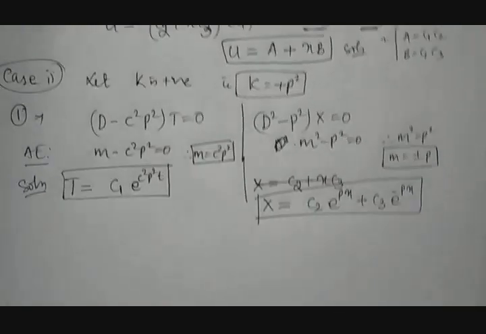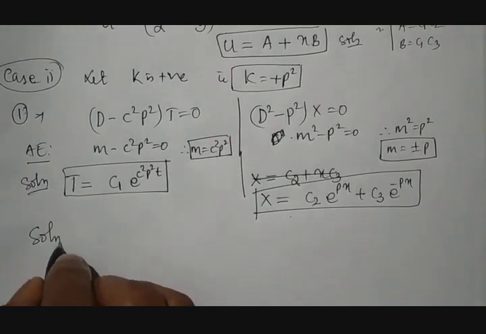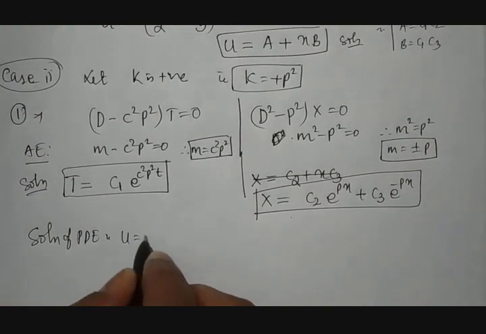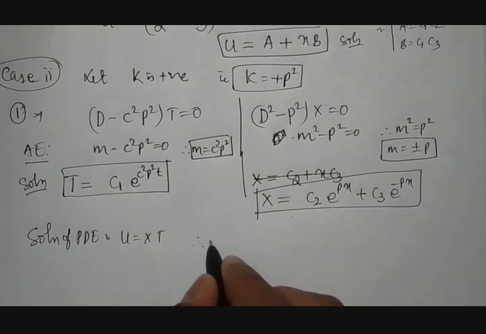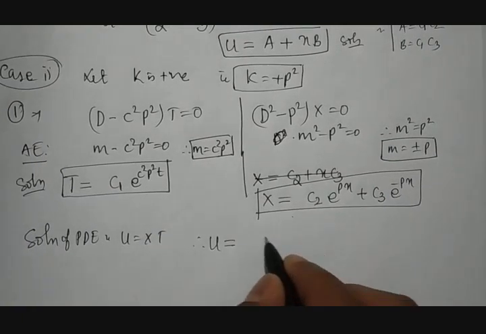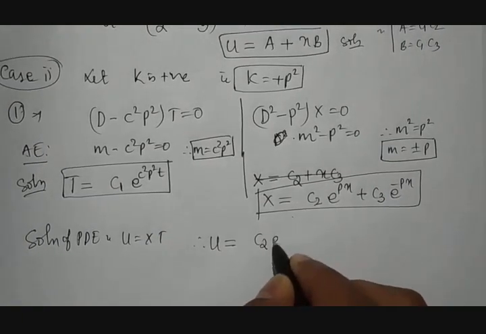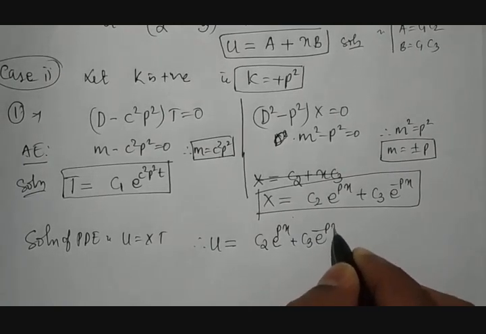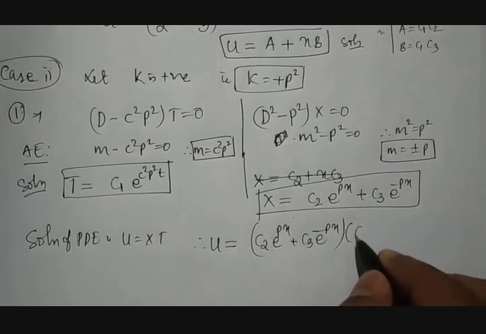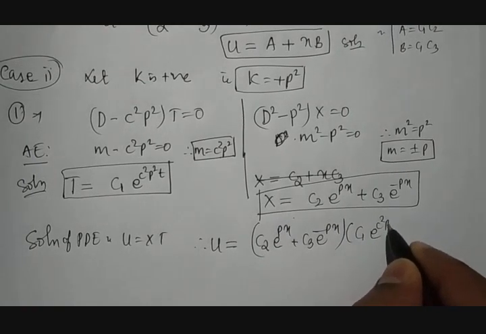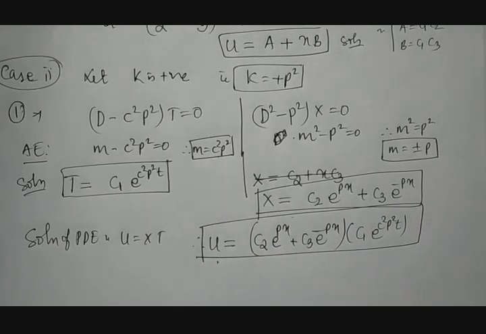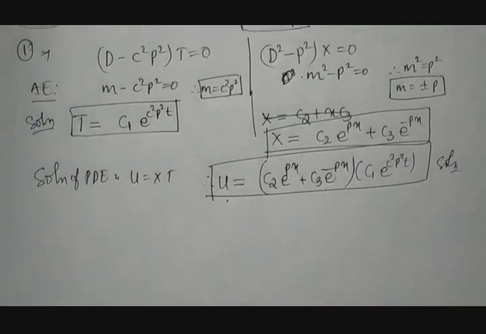Therefore the solution of the partial differential equation, that is U is equal to X into T, is U equal to C2 into e raised to Px plus C3 into e raised to minus Px, into C1 e raised to C square P square T. So this becomes a solution of the partial differential equation.